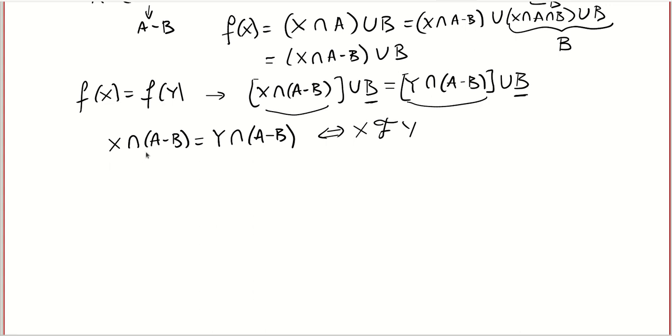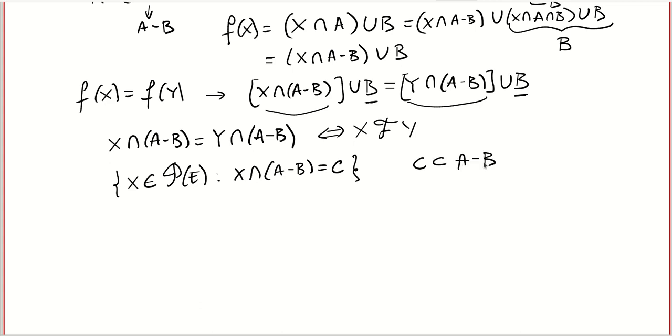All right. So according to that, if you remember, the equivalence classes of this are defined by all the elements of the set of parts of E, which are subsets of E, such that the intersection with A minus B is a given set C. And this C, of course, is a subset of A minus B, right?